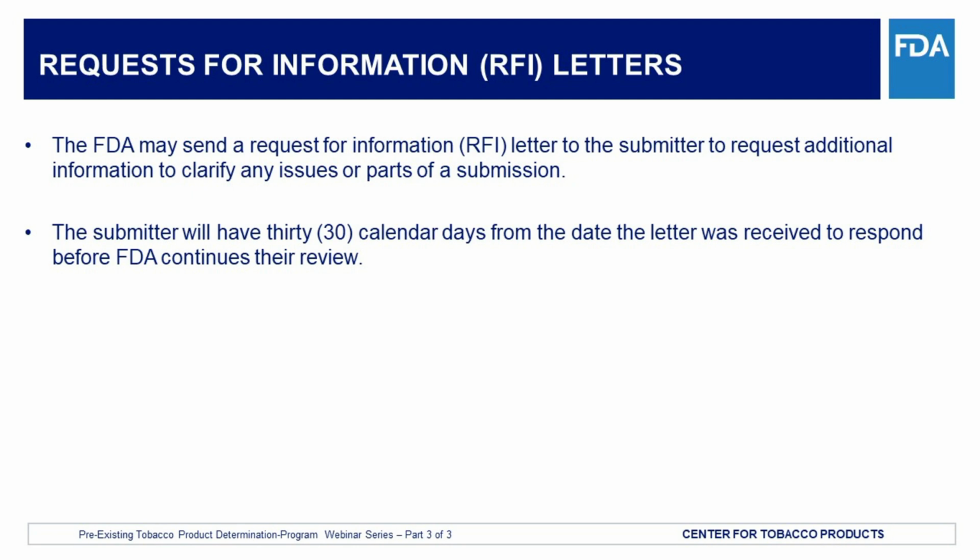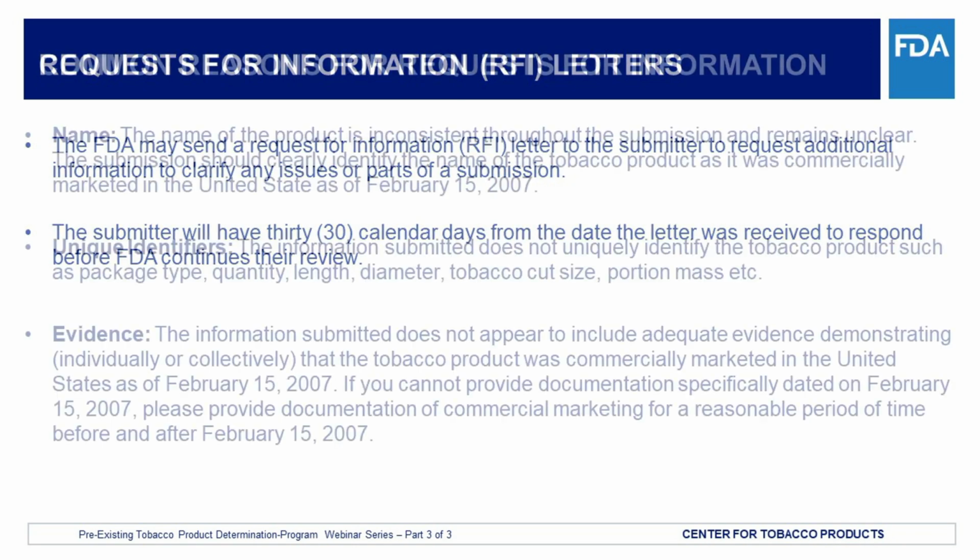FDA may issue a request for information, or RFI letter. The RFI outlines the information FDA needs to complete its review. The RFI specifies how long the submitter has to respond before FDA continues their review, generally 30 calendar days from the date the letter was received.